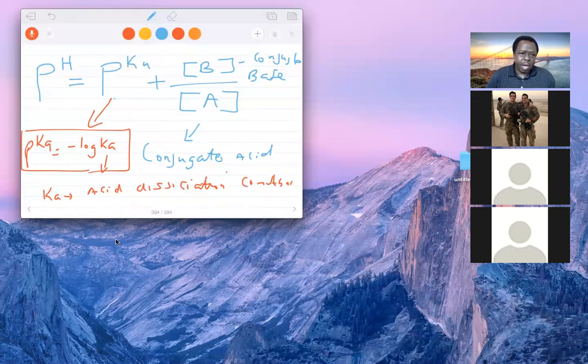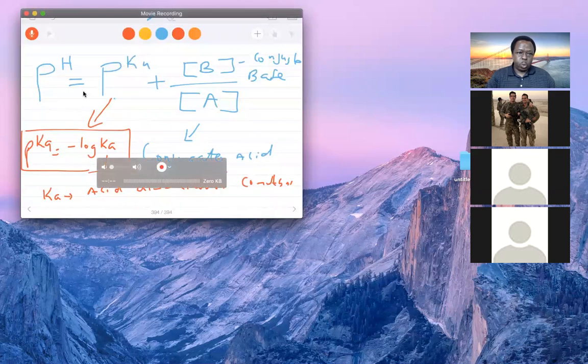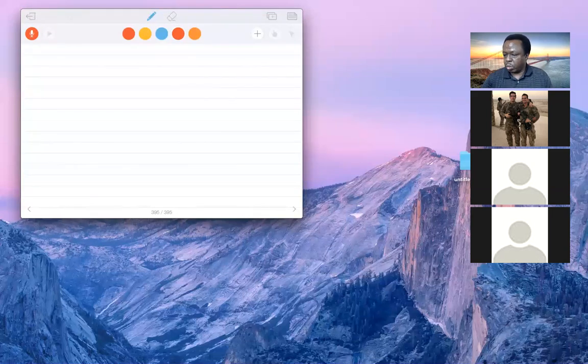Now, when preparing a buffer solution, always choose a weak acid whose pKa is closer to the desired pH. What do I mean by this? Say someone asks you to prepare a buffer solution whose pH is, for example, 9.80.